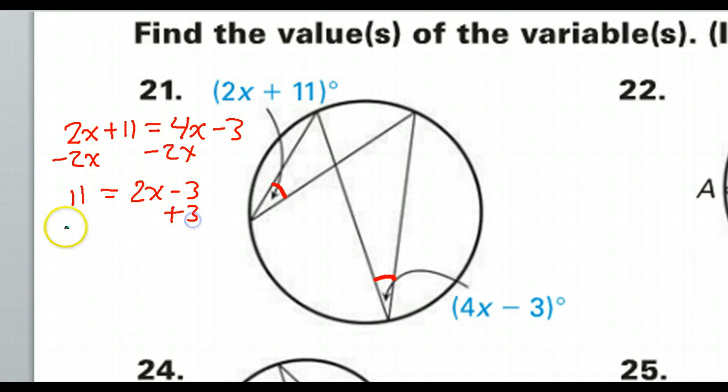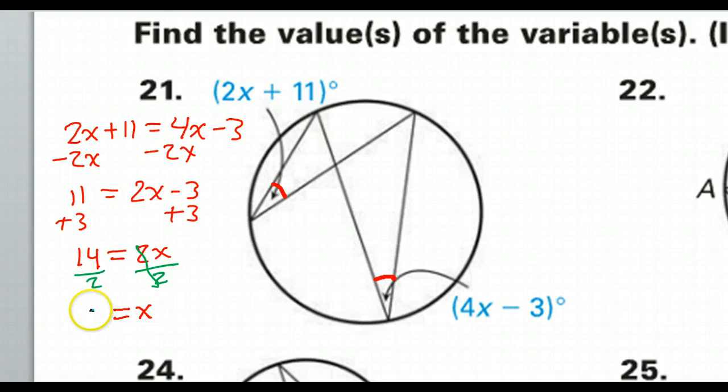Then I would add 3 to both sides, and that's going to give me 2x is equal to 14. Then I would divide both sides by 2, and that is going to give me x equals 7. So that's how you do number 21.